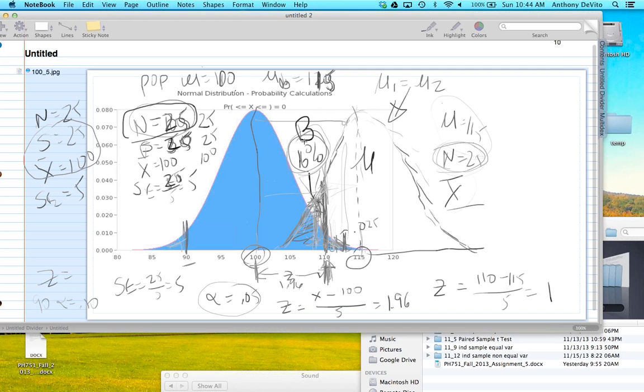Well, my chance of failing to reject is 16%. My chance of rejecting correctly is going to be about 84%. This is called our power. 1 minus your beta error is called your power. So in other words, the less area here where we would fail to reject the null hypothesis, the more power you have in this calculation.